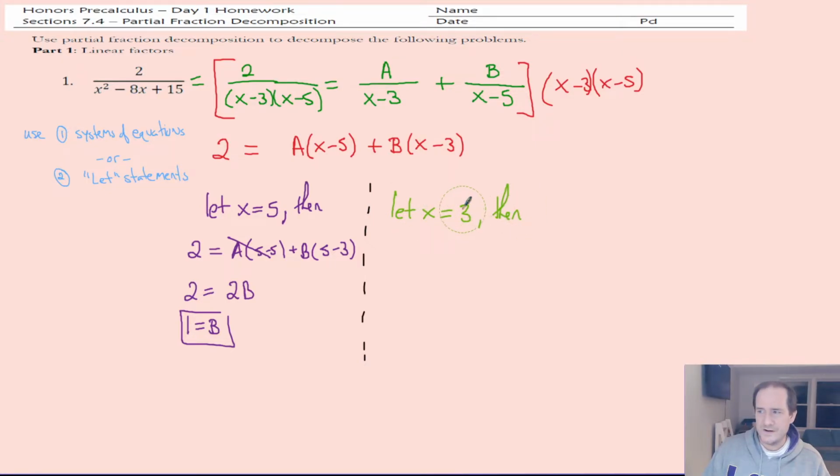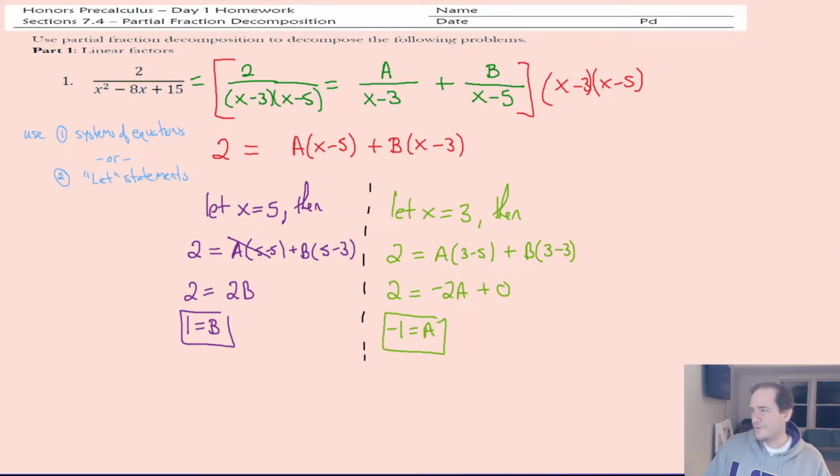And then you say, alright, well now if we were letting x equal 3, then our equation will become 2 equals a times 3 minus 5 plus b times 3 minus 3. So this is 2 equals negative 2 times a. And it's safe to say now that this whole thing is going to go to 0. So technically, plus 0. But you divide by negative 2 now, you get your negative 1.